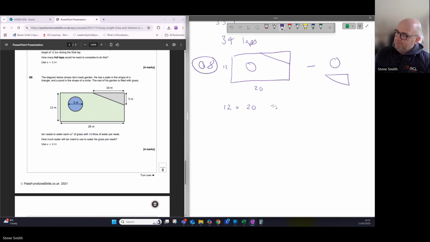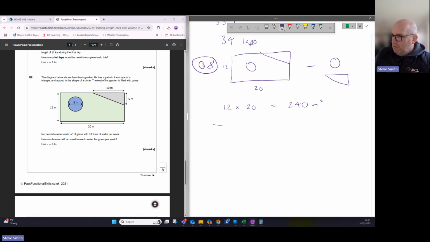So 12 times 20, well, 10 times 12 is 120, so 20 times 12 is 240. So we know the whole of his garden, including his pond and his patio, is 240 meters squared. Then we've got his patio area, and it's a triangle.